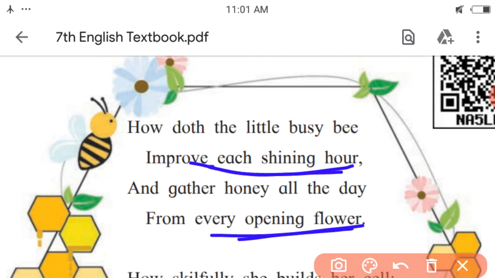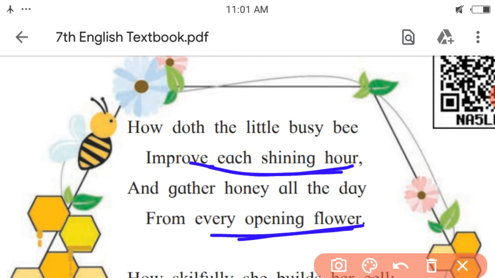Some of the honeybees do this work and others are at the honeycomb to look after their eggs, their babies, and the honey, the food which is stored in the honeycomb.